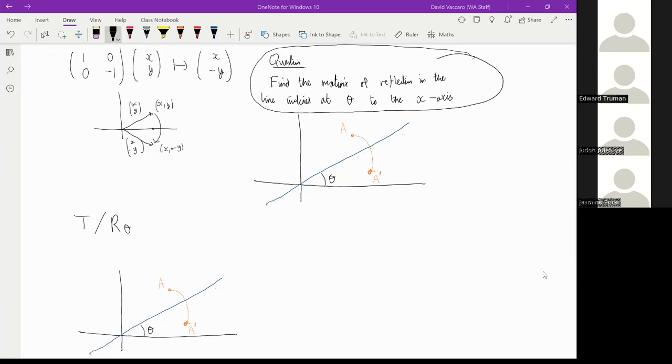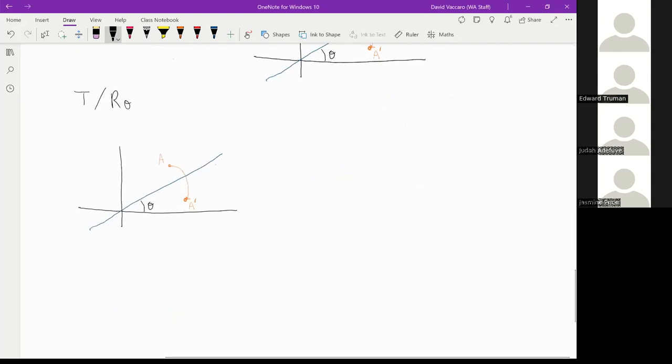Very important idea here. We've got this line and this x-axis. We know how to reflect in the x-axis, but we don't know how to reflect in our line.